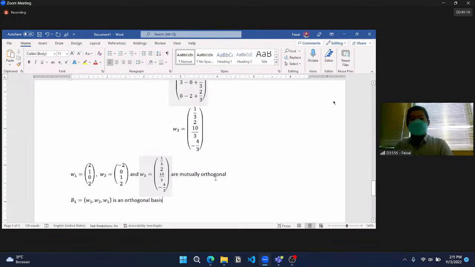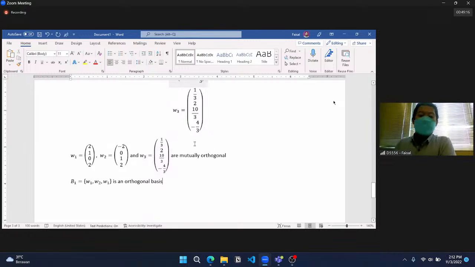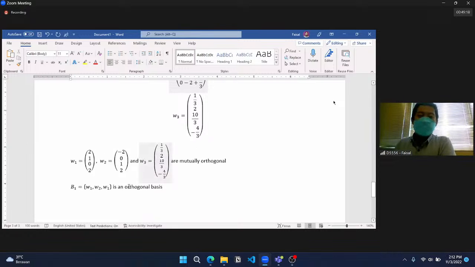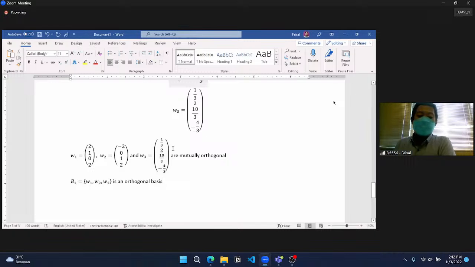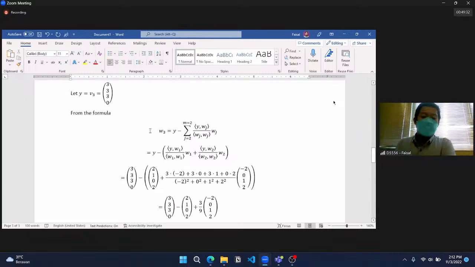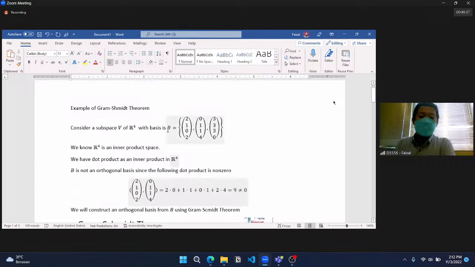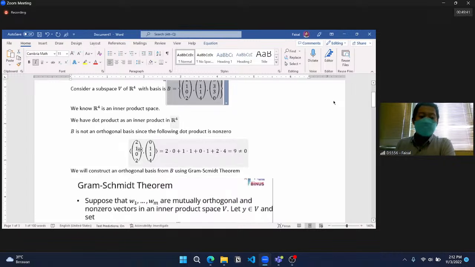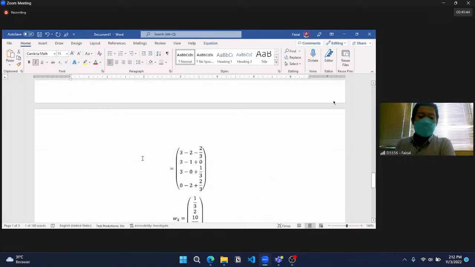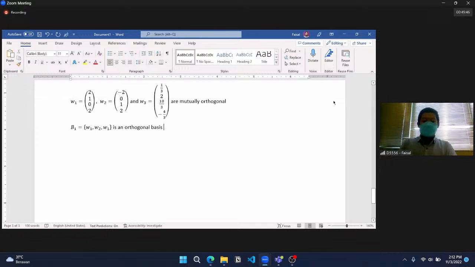So that's the Gram-Schmidt process. The purpose of the Gram-Schmidt process is to produce an orthogonal basis from an ordinary basis, or from any basis. So in the first, we have a basis of B. Now we have an orthogonal basis of subspace B.